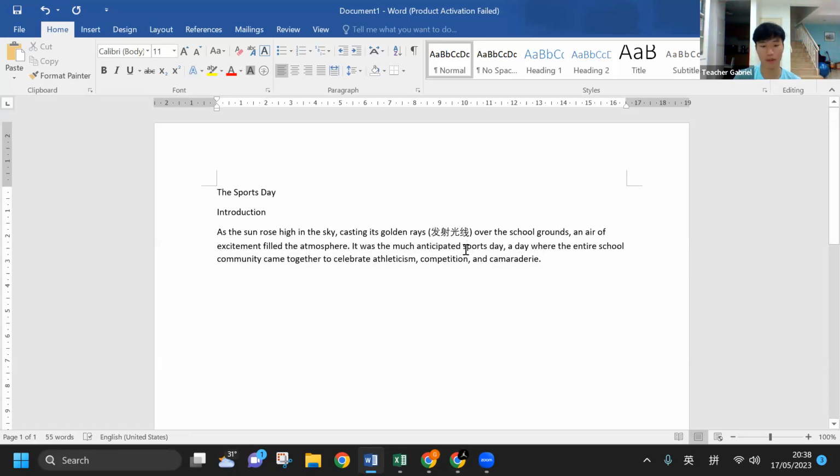What does anticipate mean? Anyone knows or anyone has heard this word before? Or do you want to try to guess what this word means? 什么是 anticipated? Based on this word, what do you think it means? Can anyone guess?